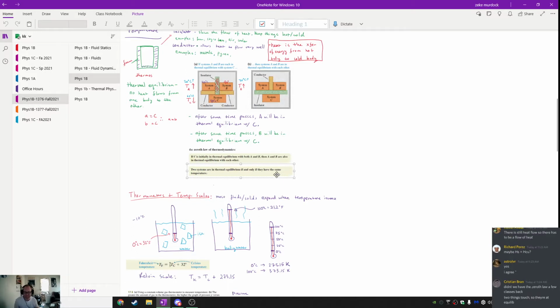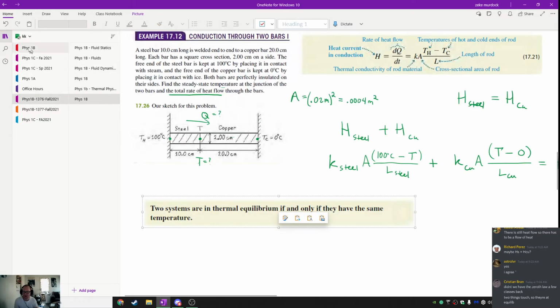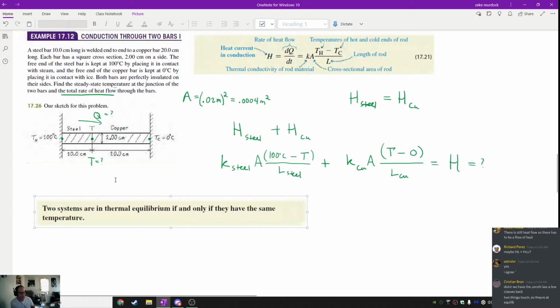We'll copy paste it. That's the 0th law. Two things are at equilibrium. Equilibrium, right. So what does that mean? Thermal. Since these touch, they must be in thermal equilibrium with each other. And what does thermal equilibrium mean? The temperatures are the same, right? That's represented by this T being the same here, though, right?